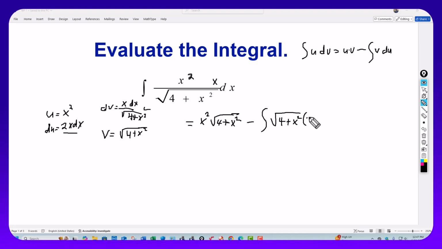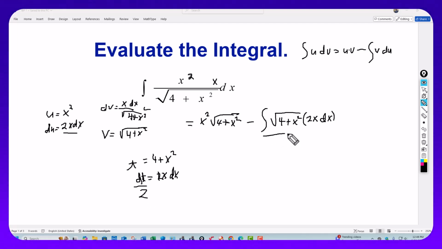So that's multiplied by 2x dx. And then again, you'd have to integrate here, and unless you can do it in your head, not that hard, just like this one over here. Let's go ahead and do this one, and let t equal 4 plus x squared. Then dt is equal to 2x dx. Divide by 2, this cancels out, and I get dt over 2.